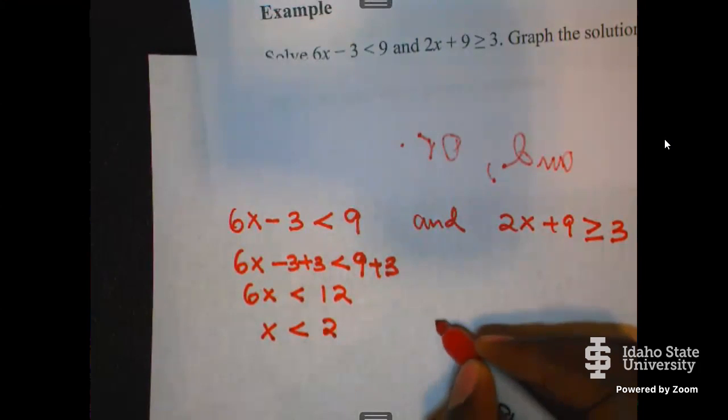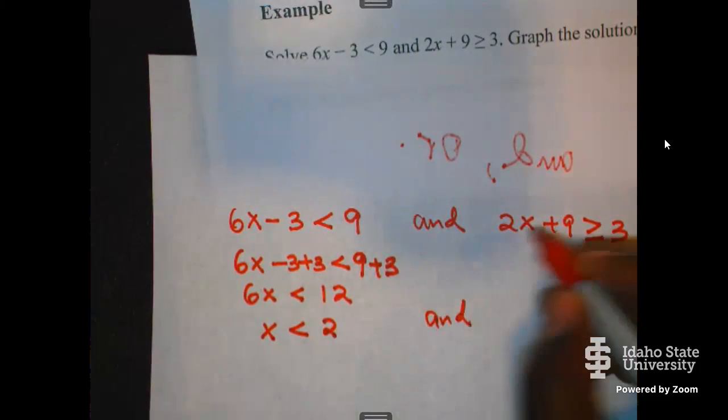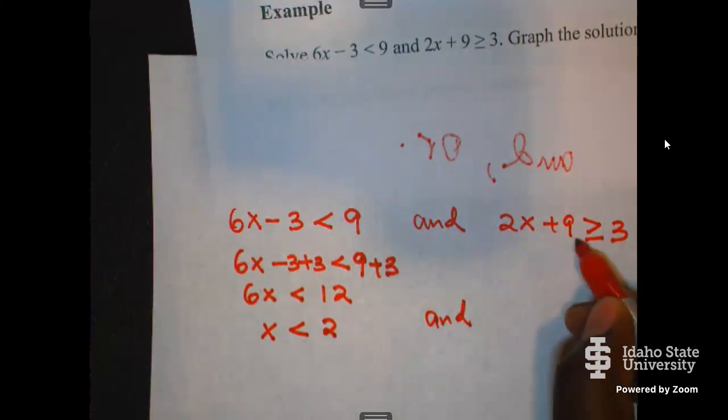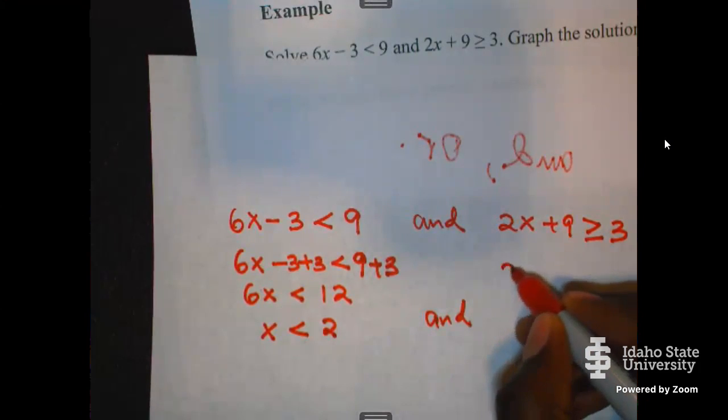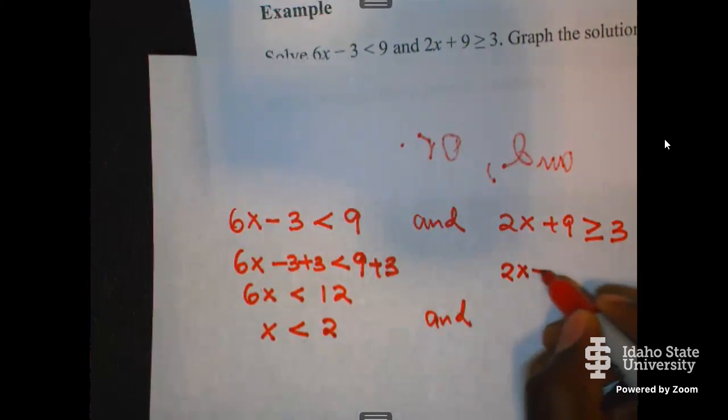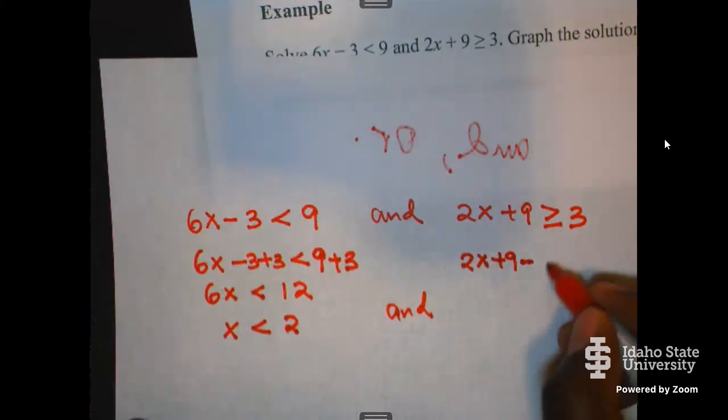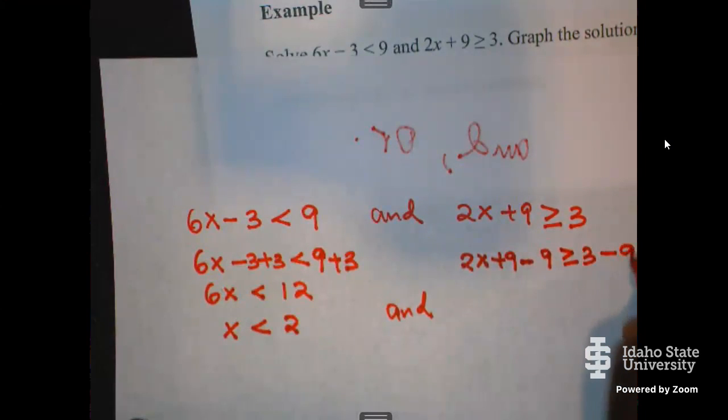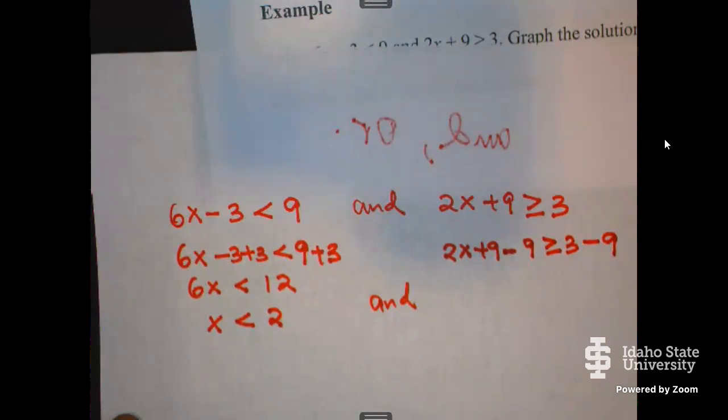Then we come here, so 2x plus 9 greater or equals to 3. We solve this one again. So 2x plus 9 minus 9 greater or equals to 3 minus 9.